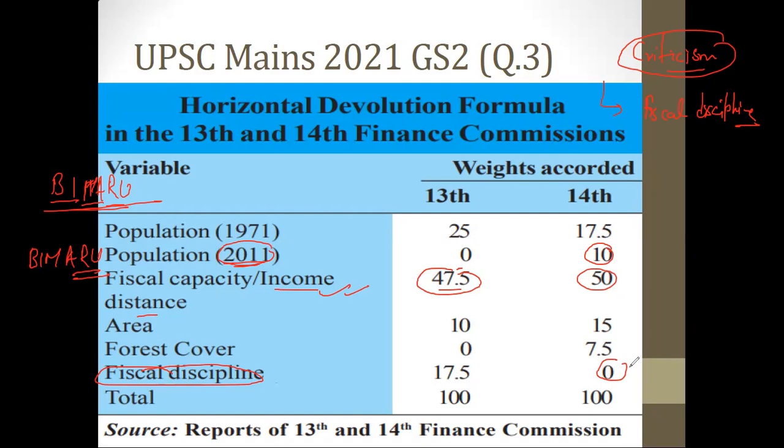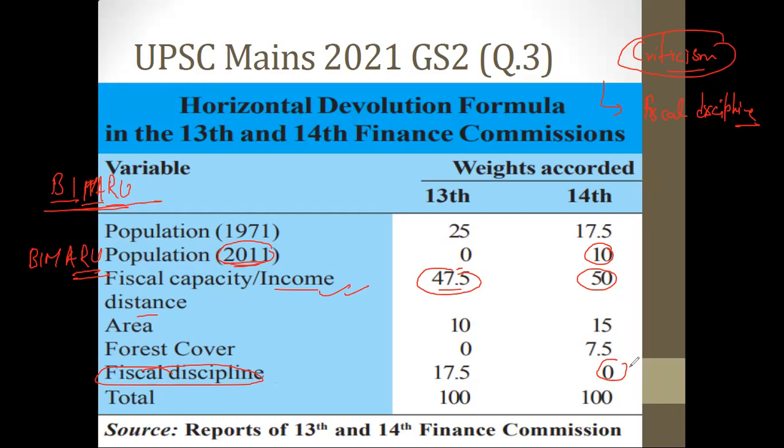Earlier there was an incentive that if you're doing good in that department, if you're collecting taxes properly, if you're not giving too many rebates, so your fiscal discipline is good, and based on that you will get more money. But that thing has gone. So this is actually one of the criticisms, that if you are removing fiscal discipline as a variable from 14th Finance Commission, it will in a way not help states in improving their fiscal position.